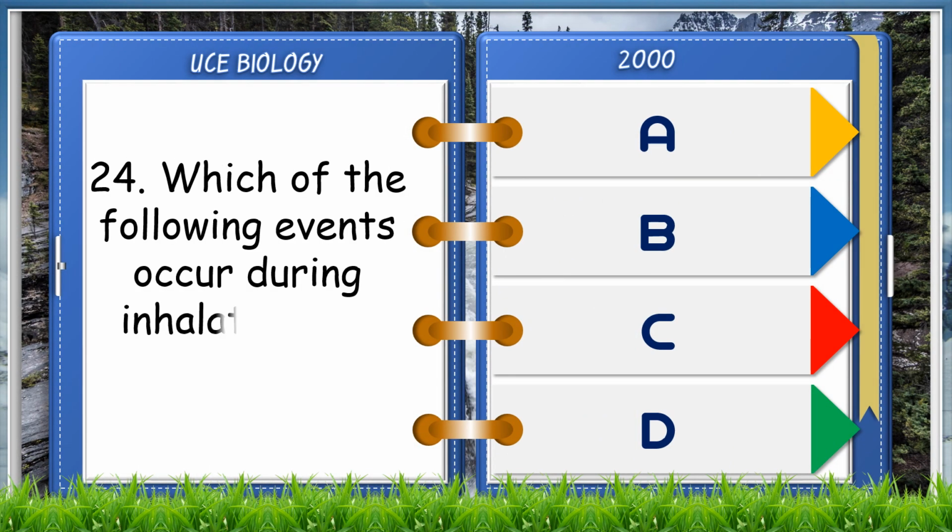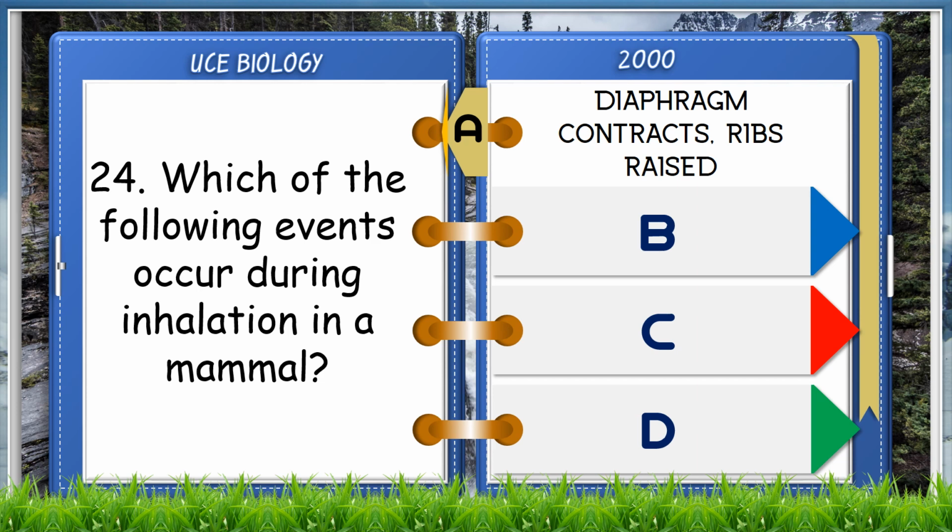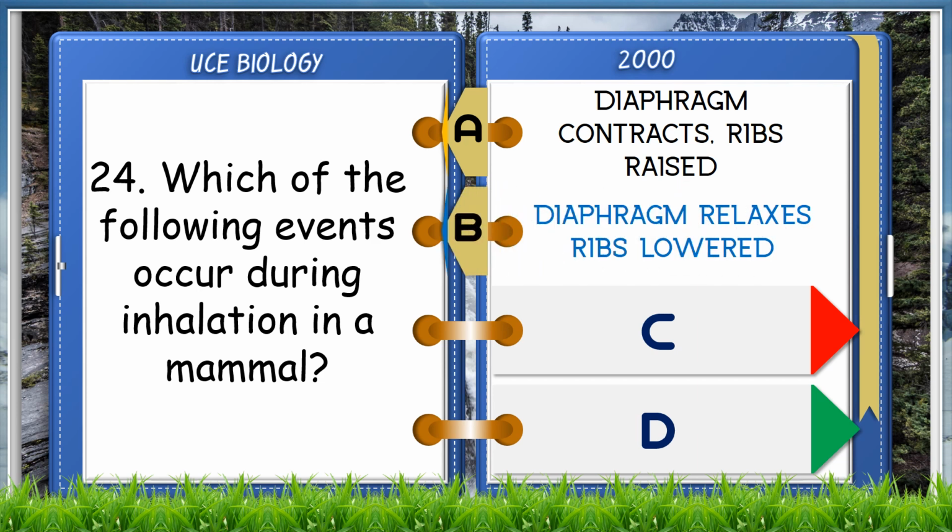Which of the following events occur during inhalation in a mammal? A. Diaphragm contracts, ribs raised. B. Diaphragm relaxes, ribs lowered.